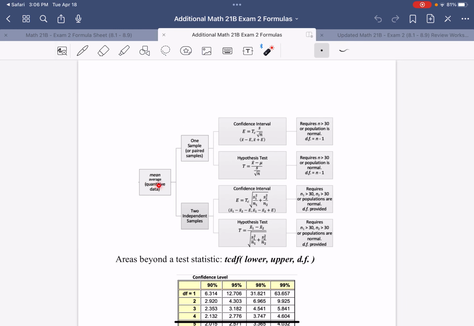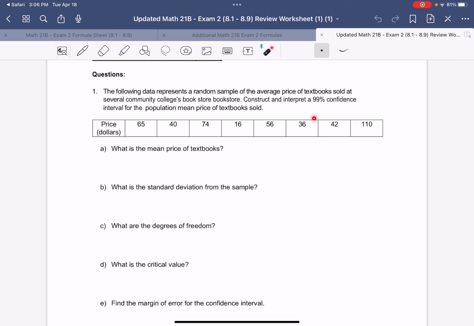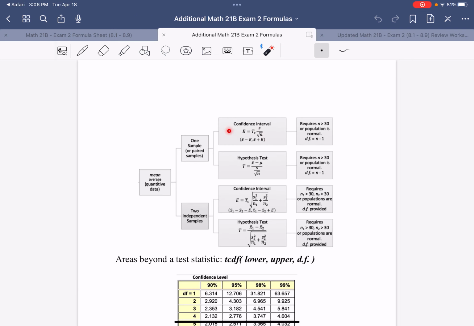So from this flow chart, we go right up here. Now you need to figure out, is this asking for a confidence interval or a hypothesis test? Confidence interval. It even says right here, construct and interpret a 99% confidence interval. So that means we're using this guy up here.